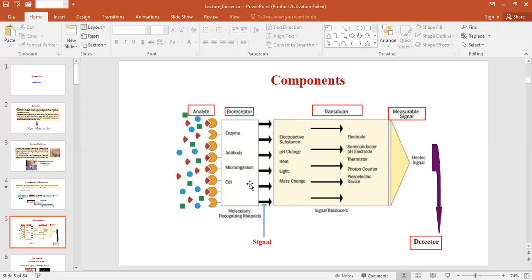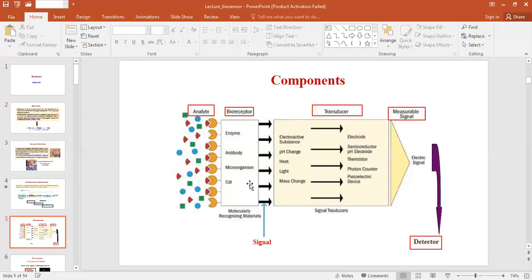So in the first segment, the recognition part of the sensor, it is responsive to the biological part. The second segment, which is the detector part, changes the resulting signal from the contact of the analyte, and displays the results in an accessible way.